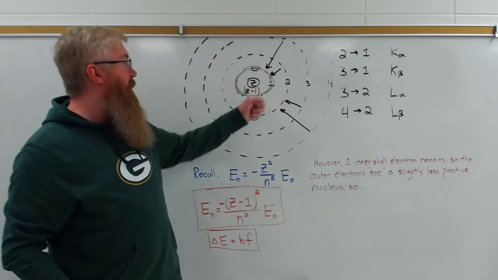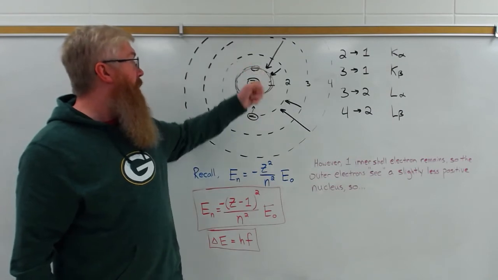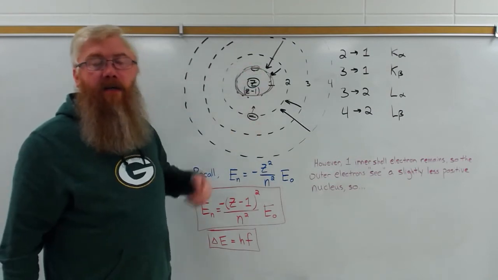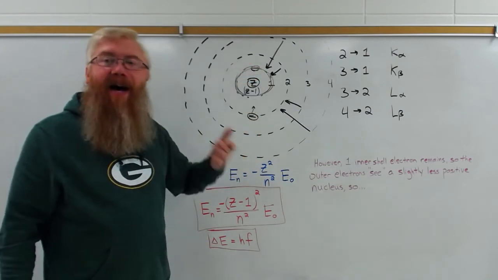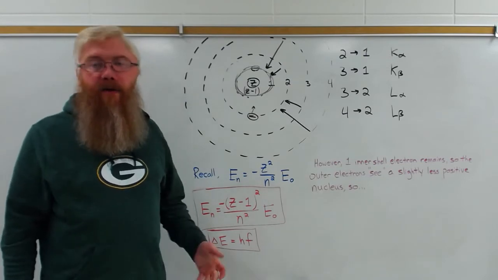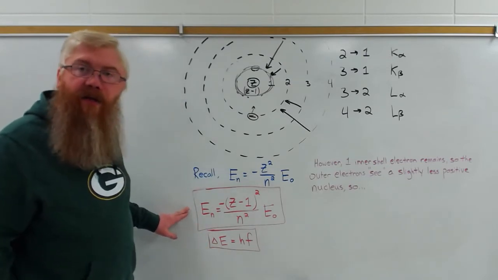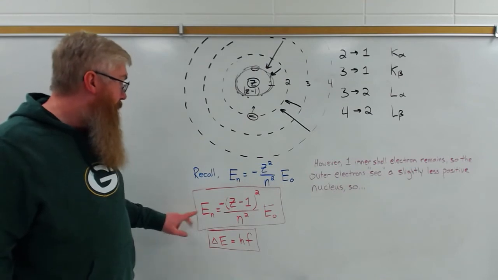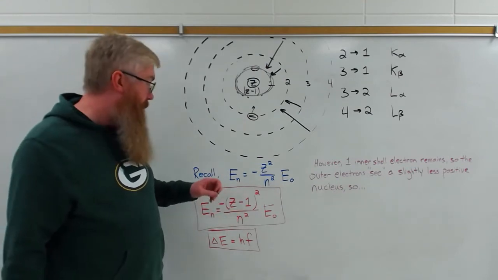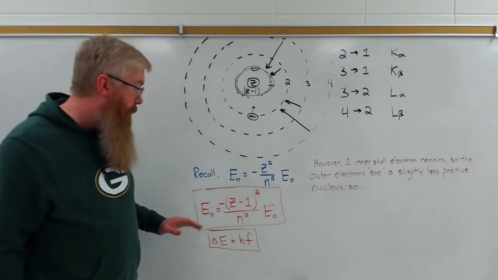So if there are 10 protons pulling on this electron, there's 1 electron pushing on it. So the equivalent is the same as if 9 protons were pulling on it. So in reality, for this Moseley plot, it's Z minus 1, not Z, as we had derived before.